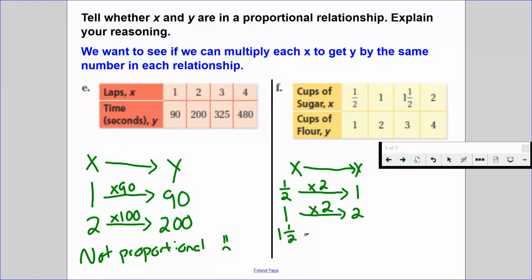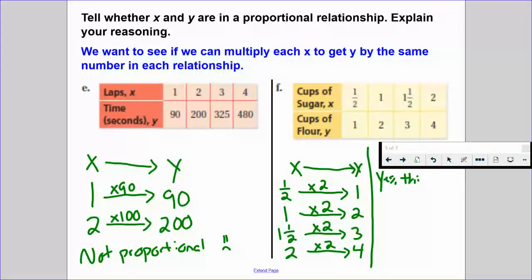Now we have 1 1/2 and we end up with 3. 1 1/2 times 2 gives us 3. And the last x value we have is 2. We end up with 4. 2 times 2 gives us 4. So yes, since we are able to find the number that we multiply throughout that's the same, this will be proportional. So let's write that.